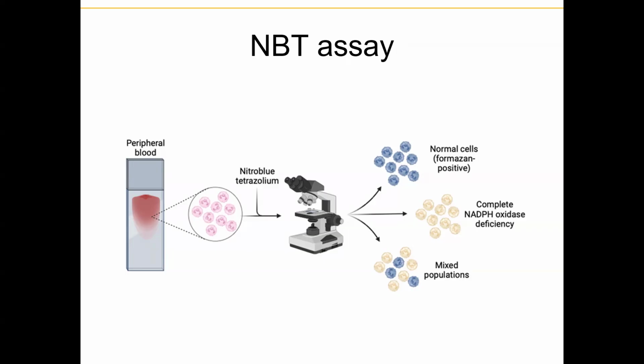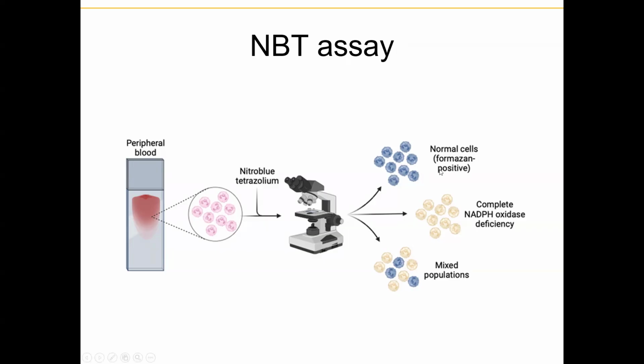When these are formed, the NBT chemical used among neutrophils and other cells, in the presence of NADPH oxidase activity, converts from yellow into blue color.